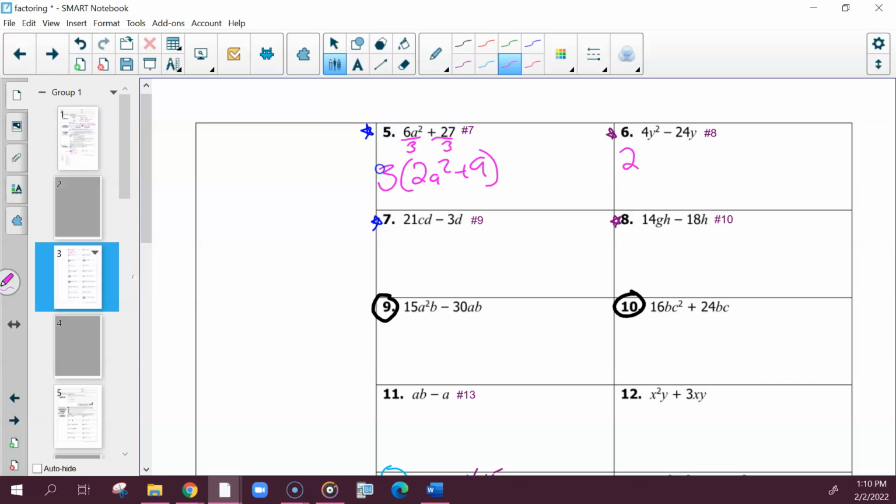I'm going to go off 2, and we'll see what happens. Can we take any common variables out? Y. So if I were to divide 2y by everything, what would be left? 2y minus 12.